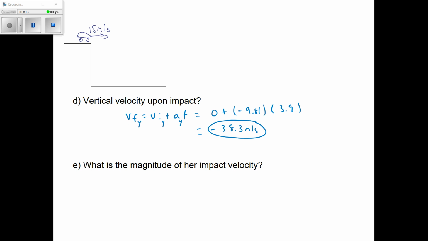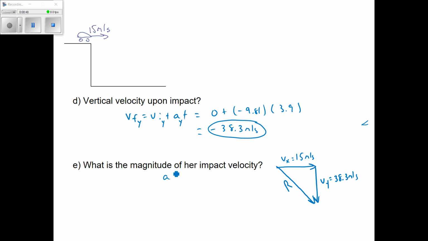Now the last question ties in to the river problem. So imagine just as she hits the ground, she has an X velocity. The X velocity is constant, 15 meters per second. She has a Y velocity we just found is negative 38.3, so she's going down at 38.3. So her impact velocity, and if you think back to the river problem, it's the same idea as her resultant.